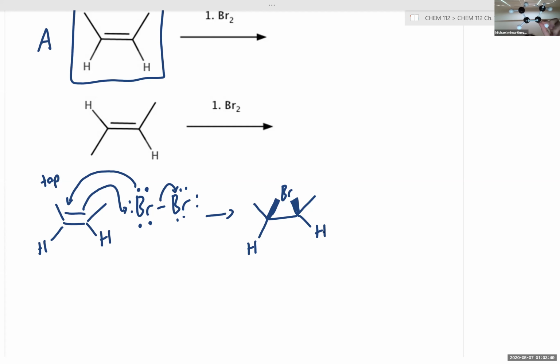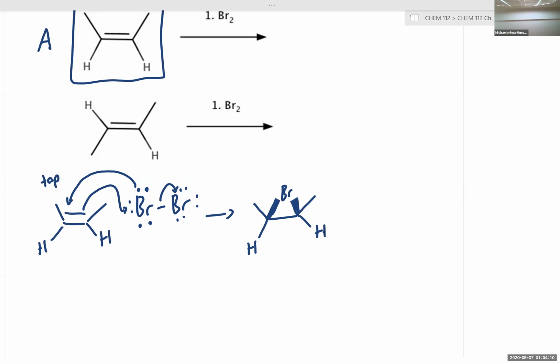Our bromine equivalent is going to add from the top face. From our perspective, it's going to add from the top face. It could just as easily add from the bottom face. So what I'm going to do is make a model of our product after addition.